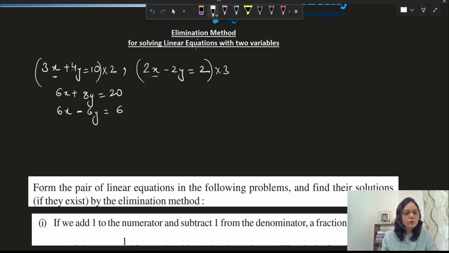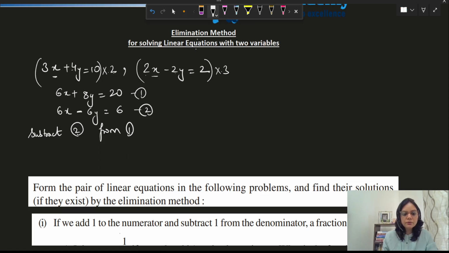Now you see the coefficients of variable x are the same in both the equations. Whenever the coefficients are the same and of the same sign, plus 6, I'm going to subtract. So this is equation 1, equation 2. I'll subtract 2 from 1.